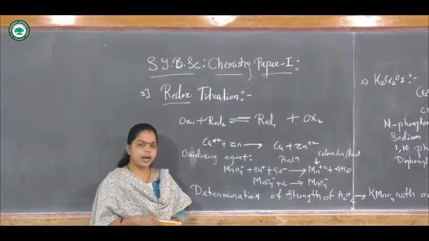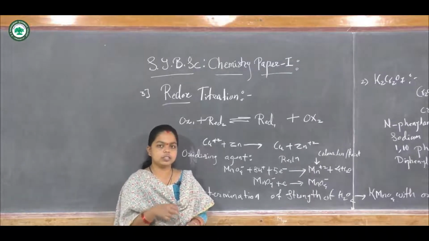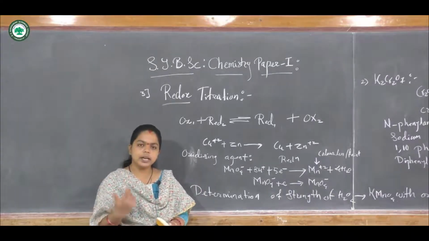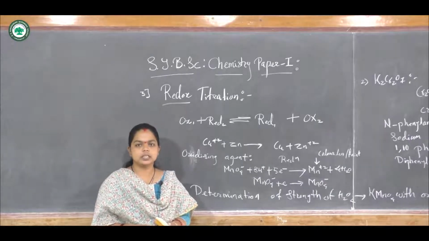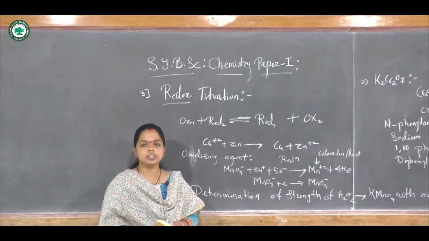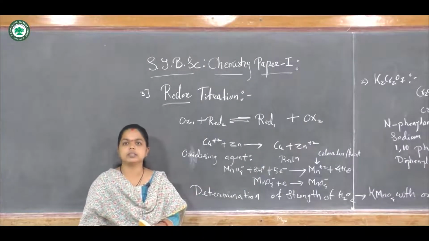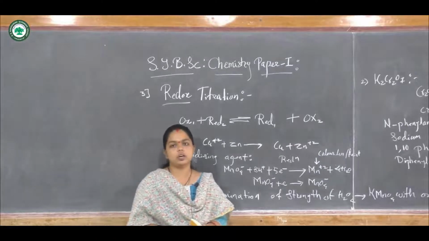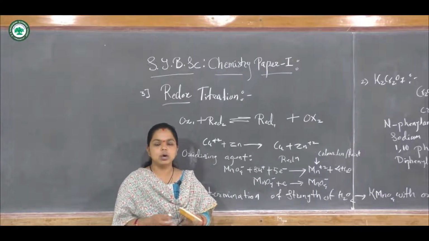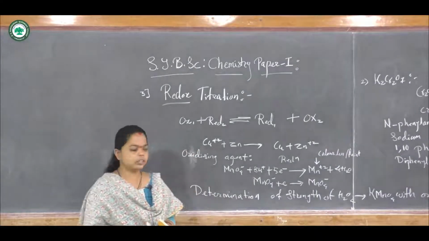If we add the oxidizing agent dropwise to the reducing agent, the reaction occurs slowly, transfer of electrons occurs, and at the end point the reaction is completed and a change in color is observed. At the particular value where the oxidation state of the corresponding element shows a change in color or a stable oxidation state is achieved, that will be the end point of the titration.